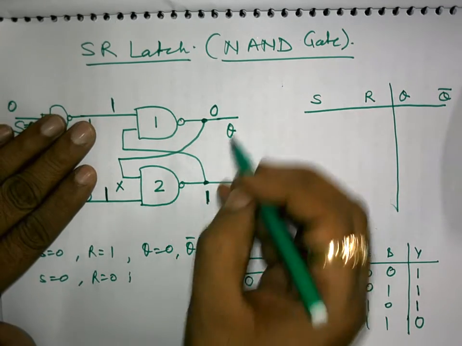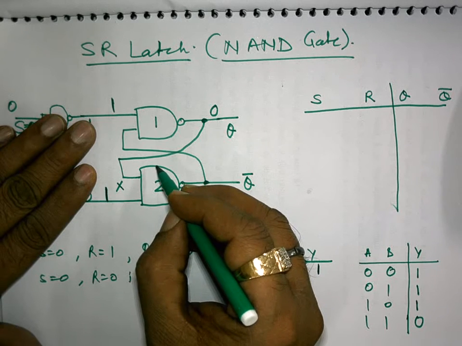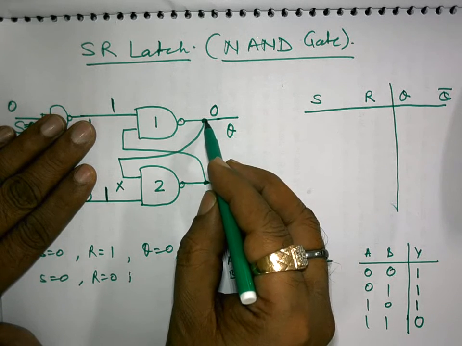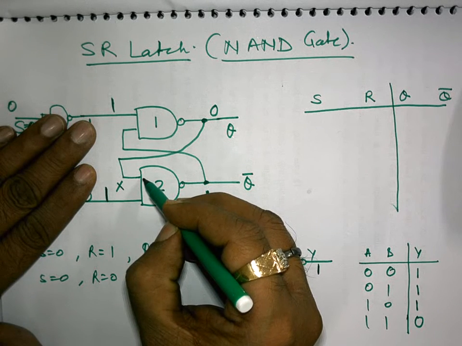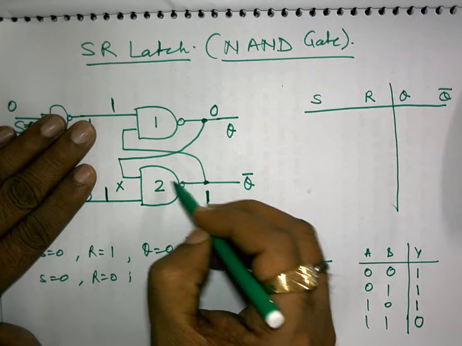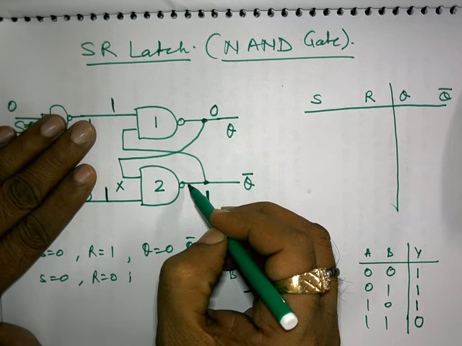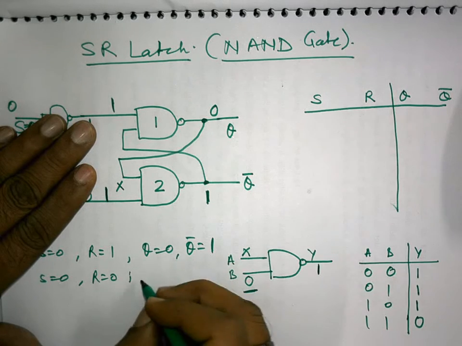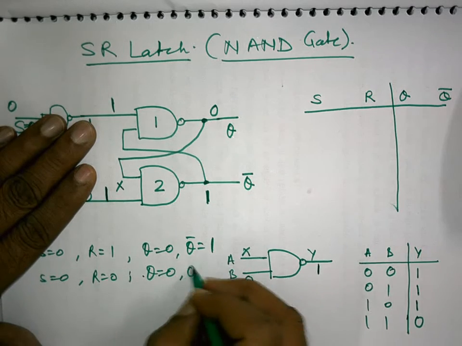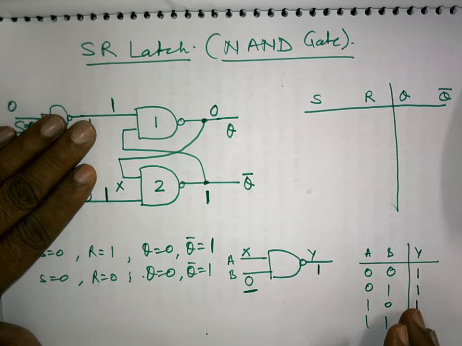And because of the previous change, we have to see who is going to make any decision for the output. 0. So this 0 and 1 make it 1, and this 1 and this 1 make it 0. It means if Q was 0 and Q bar was 1, it will remain in that same position. It is not going to change.